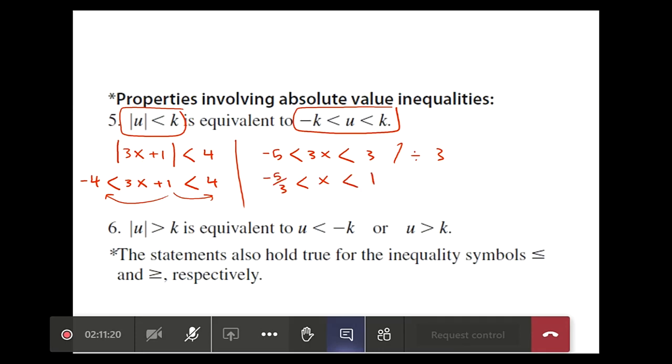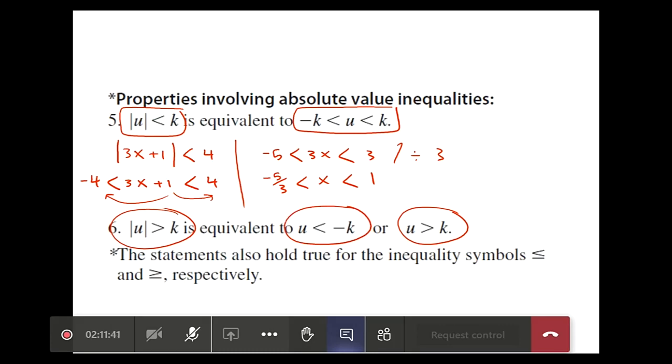But if we have absolute value greater than k, we need to separate into two inequalities. One of them is u greater than k as it is without absolute value, or u less than minus k.